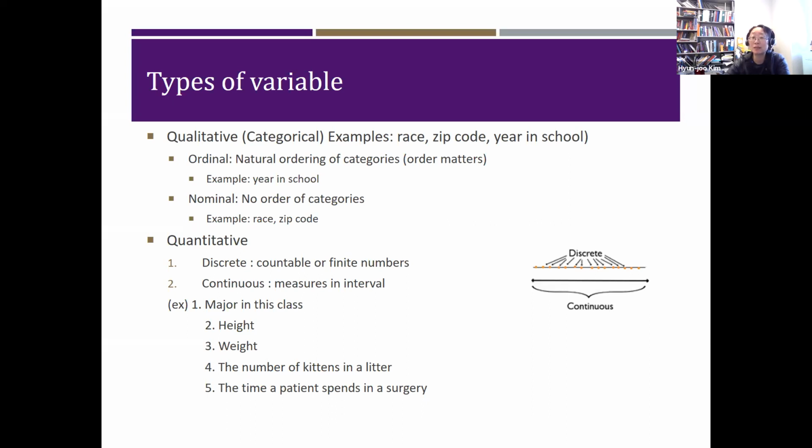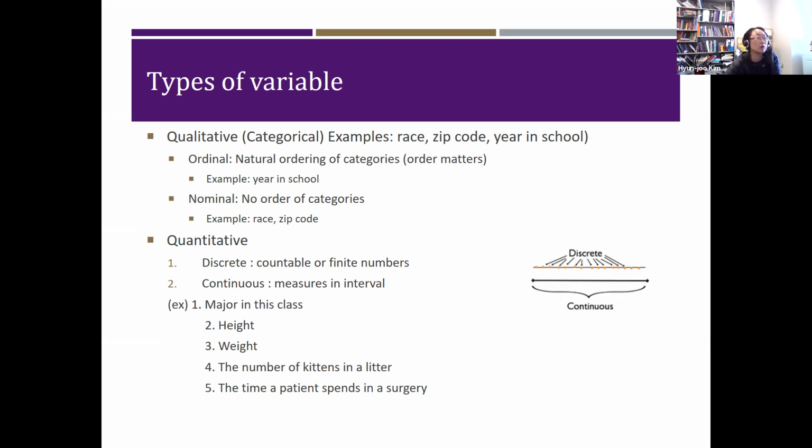And the hours of sleeping can be continuous, because it can be between 7 and 8, and there are so many different possibilities in between. So those belong to the continuous quantitative variable category.